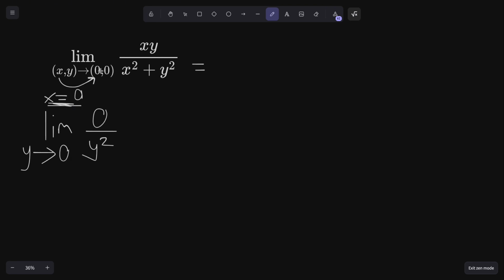The only thing we're changing is our y values approaching 0. And so the limit as y approaches 0 of 0 divided by y squared is undefined. The limit here does not exist.